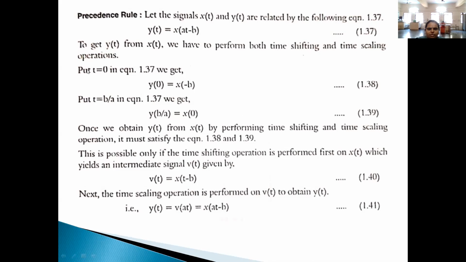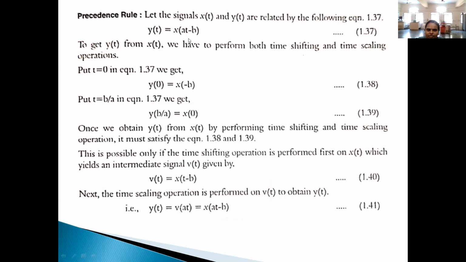Put t equal to 0. When t is equal to 0, what will be left is x of minus b. Then put t equal to b by a in equation 1.37. So what you will get is y of b by a equals x of 0.